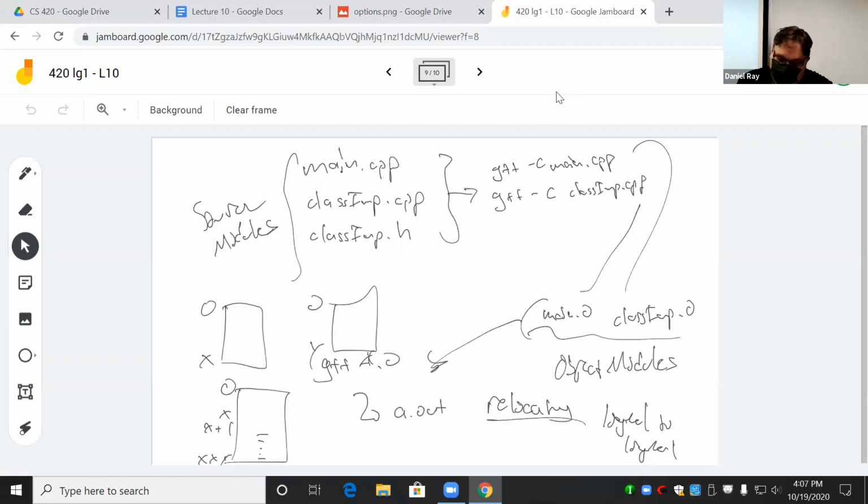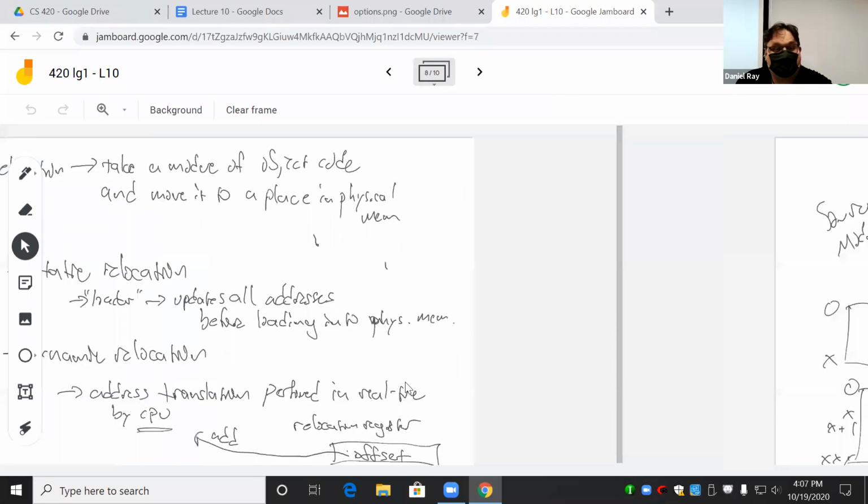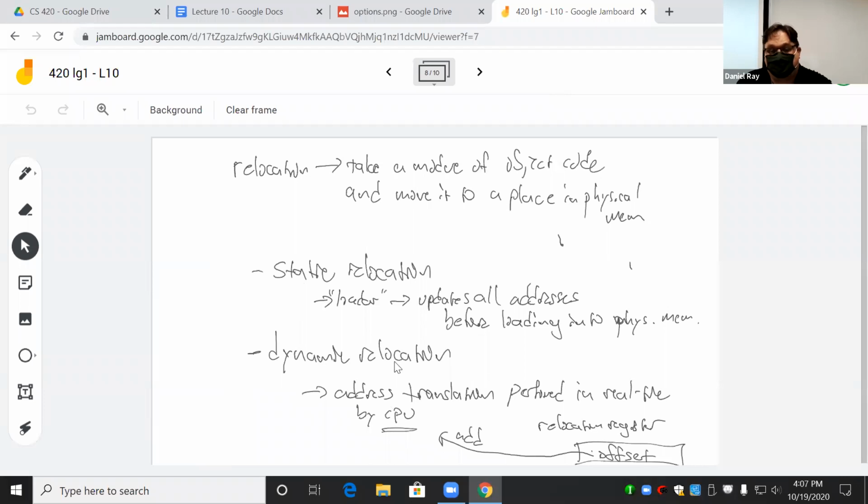And that whole thing, by the way, is called the load module. Again, two ways to do that. You can do static relocation, you can do dynamic relocation.